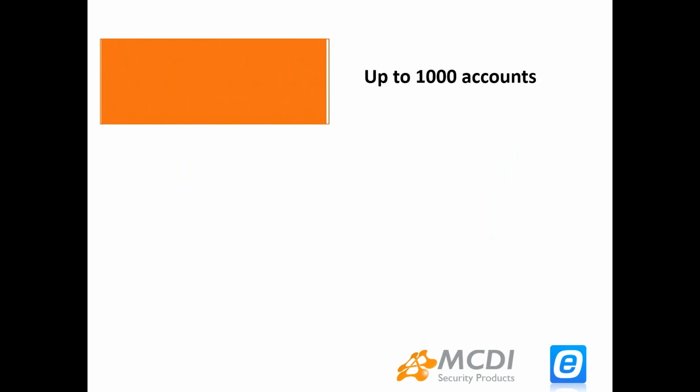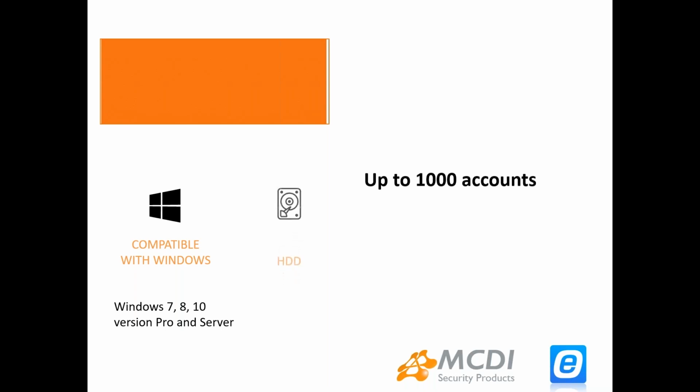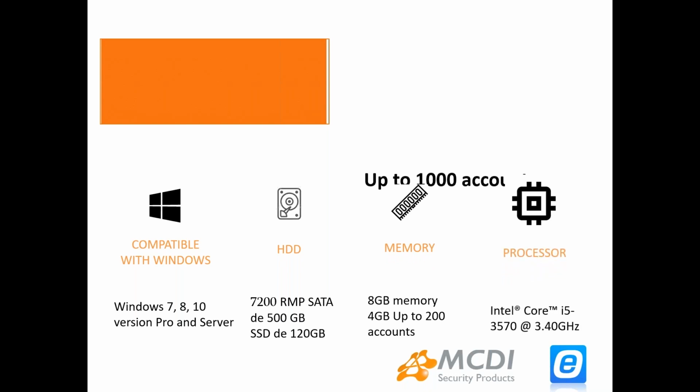So about the requirements, I think sincerely that the requirements are not very high. It is compatible with Windows. You can use Windows 11 or server versions. Of course, they need to be professional Windows. And for the hard drive, I would say that you need 2 hard drives, also for backups.